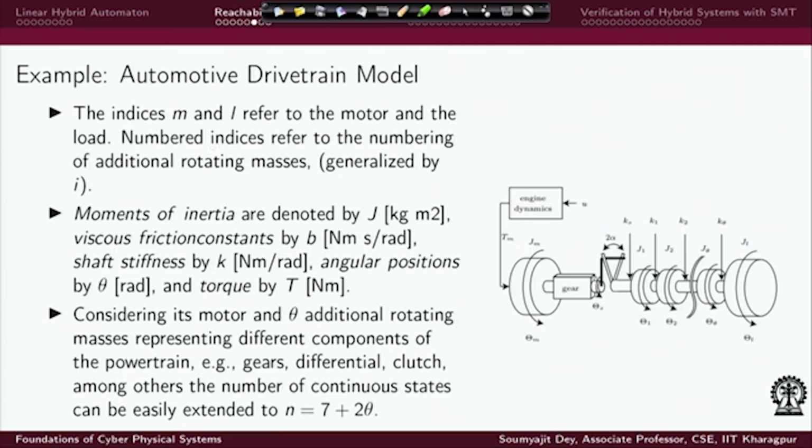These numbered indices refer to the numbering of the additional rotating masses, and you have a moment of inertia denoted by J for this shaft here, and you have viscous friction constants given by B, and those are used for creating the mechanical equations for the system, which we are not doing, and there is a reference paper which we will provide you.